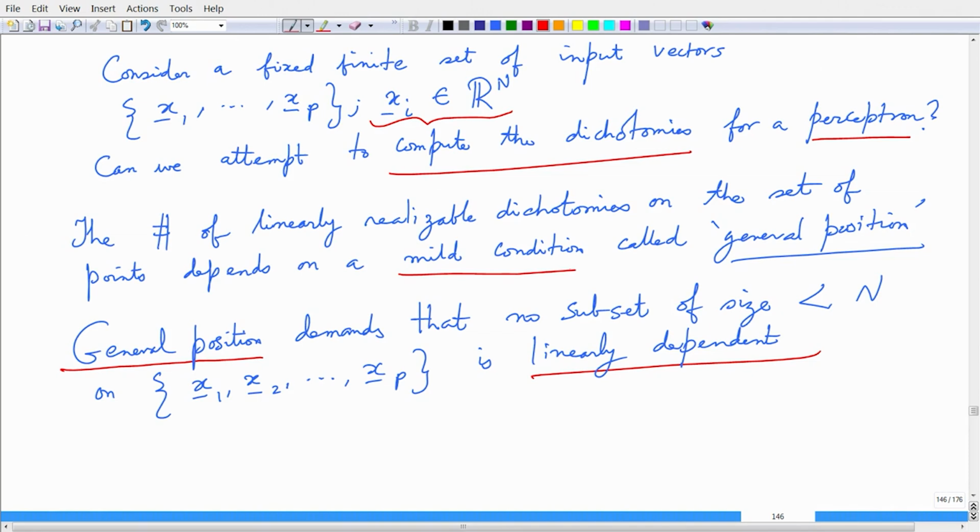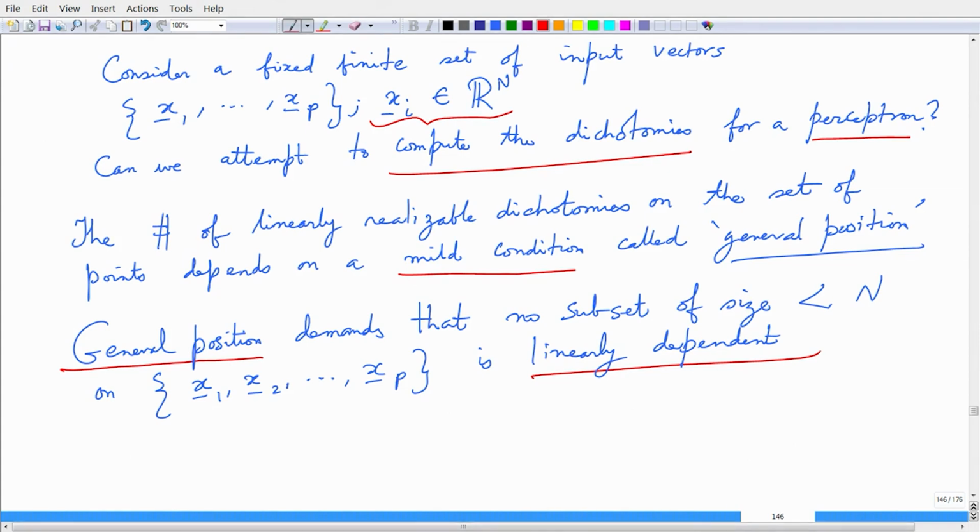I repeat again, the number of linearly realizable dichotomies on the set of points depends on a mild condition called the general position. General position demands that no subset of size less than capital N, which is the dimension of the input vector, is linearly dependent.